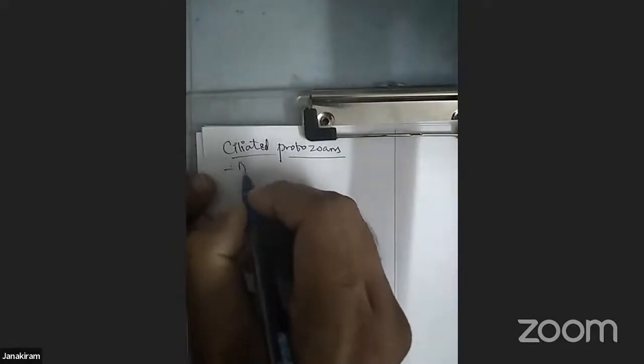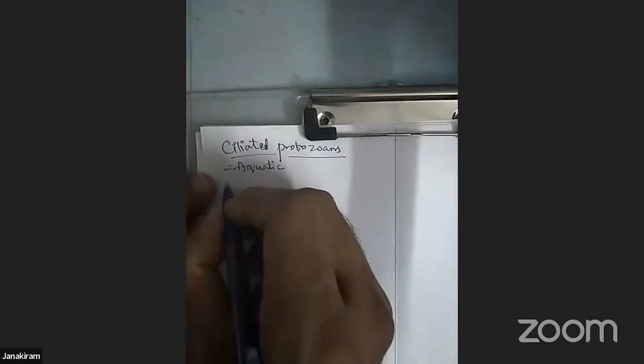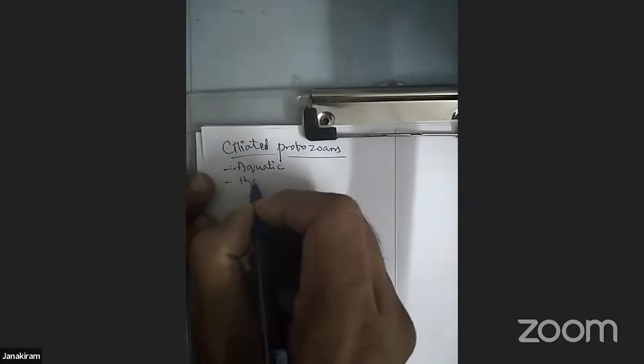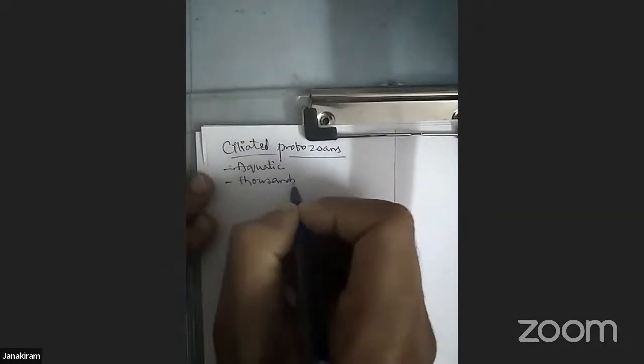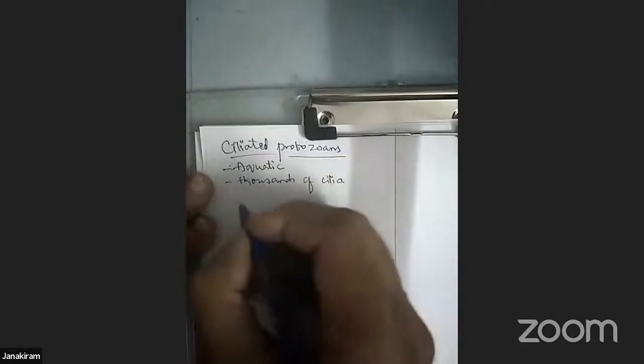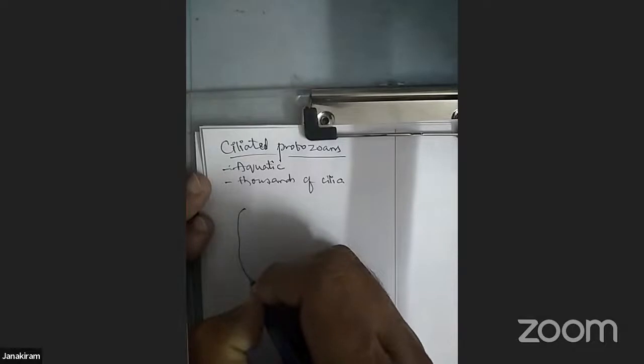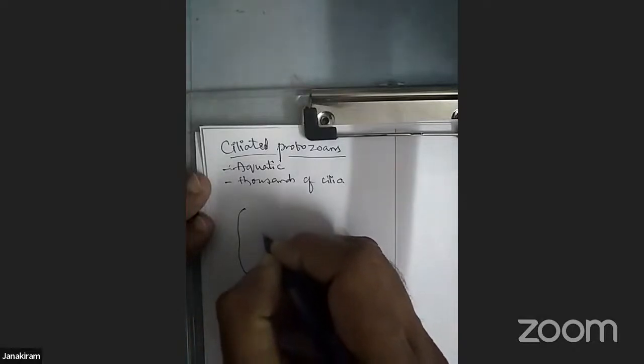These are aquatic and actively moving because of the presence of thousands of cilia on their body. And here the example is Paramecium, which is called a slipper animalcule.